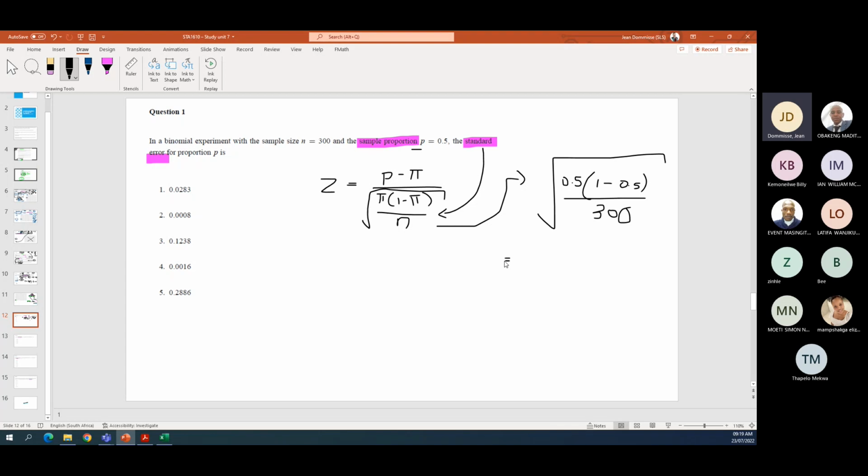Okay, so let's first do that. 0.5 times 0.5 divided by 300 is 0.00083. Just putting that there.